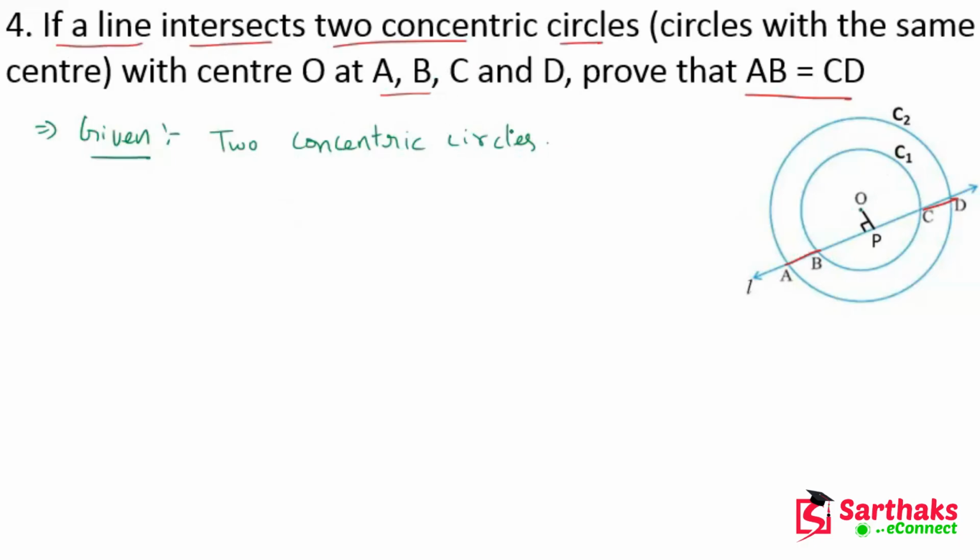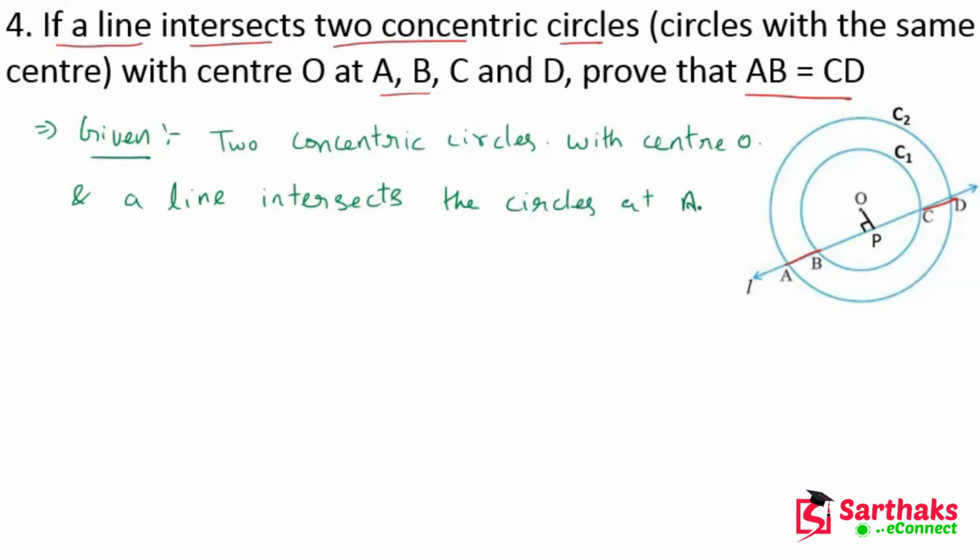So we have two concentric circles with center O, and a line intersects the circles at points A, B, C and D. We have to prove AB is equal to CD.